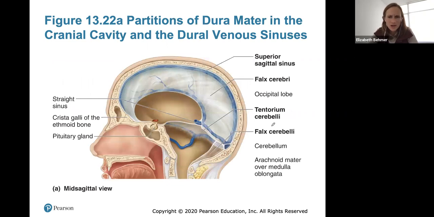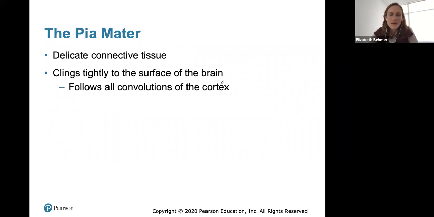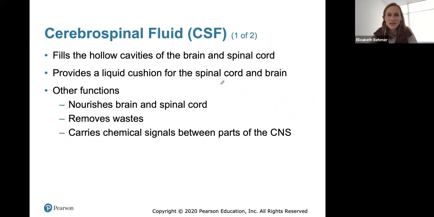The partitions of the dura mater, you do not need to know. The arachnoid mater is the second layer beneath the dura mater. It's made of the arachnoid villi. The pia mater is the delicate connective tissue that clings to the surface of the brain. And then cerebrospinal fluid, you should know what this is. It fills the hollow cavities and provides a liquid cushion, as well as other functions you should know about.